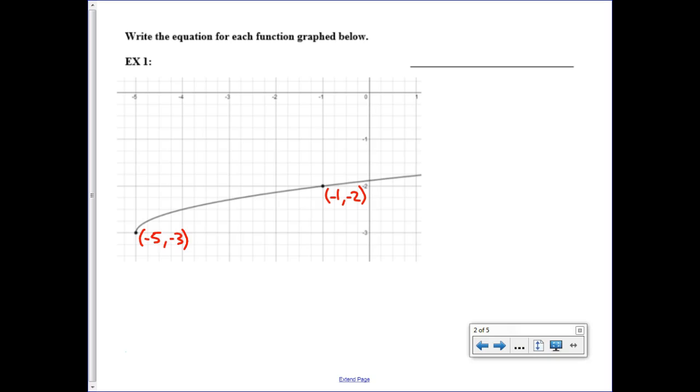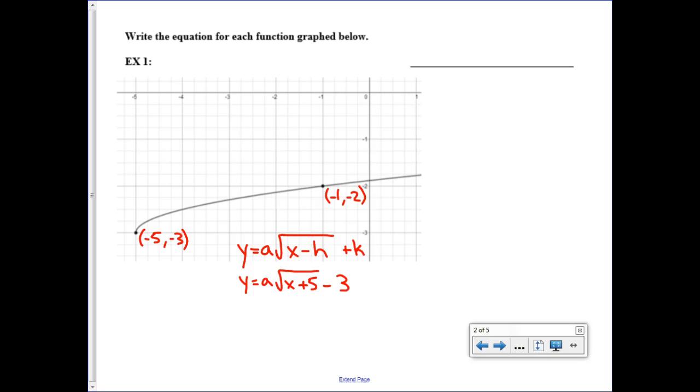So if we use this y equals a radical x minus h plus k, that h and that k value, that's that vertex, that's that starting point. So I'm going to go ahead and plug that in. So y equals a radical x minus a -5. I'm going to go ahead and write that as +5. And then plus a -3, I'm going to go ahead and write as -3.